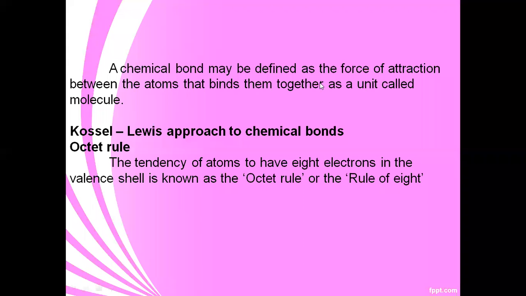Atoms of various elements combine to form chemical compounds. These atoms or elements combine in different ways and form chemical bonds. Why do atoms combine? How do atoms combine? Why do certain atoms combine while others do not?